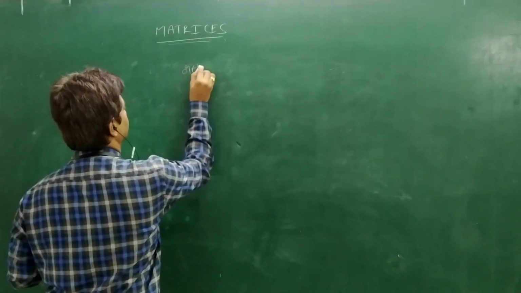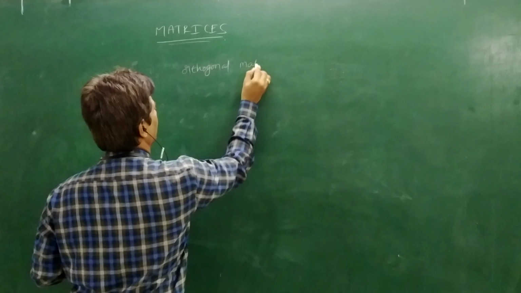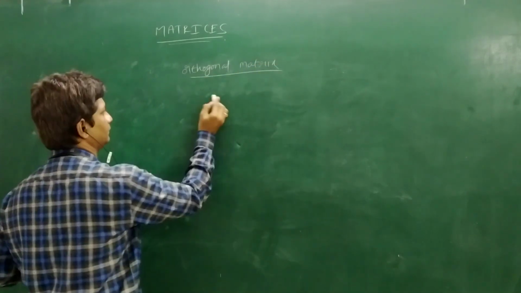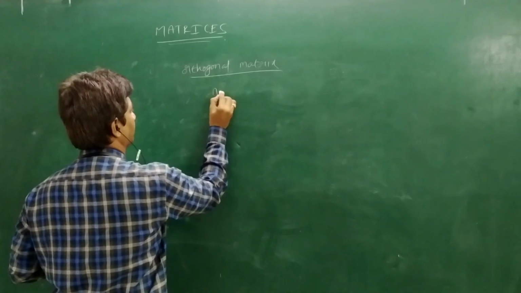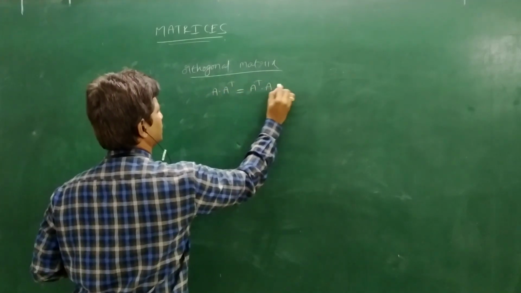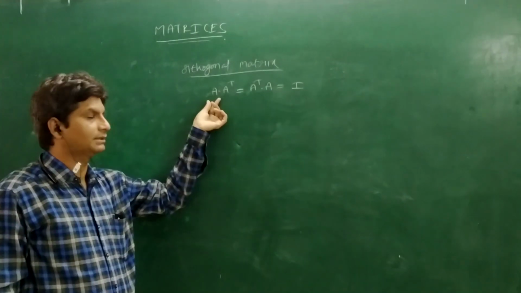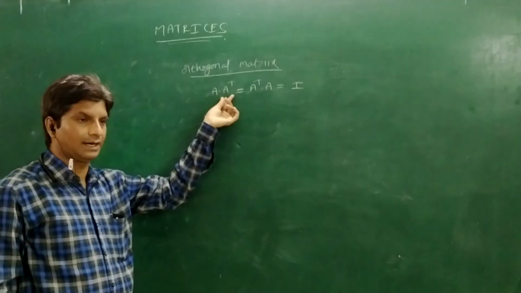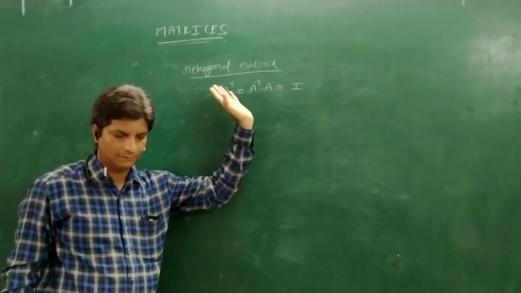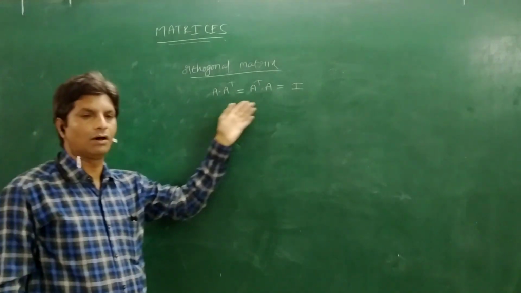Orthogonal matrix. If A into A transpose equal to A transpose into A equal to I, that means if you multiply the given square matrix capital A and its transpose, and also take the reverse, and you get the identity matrix, then the matrix is called an orthogonal matrix.